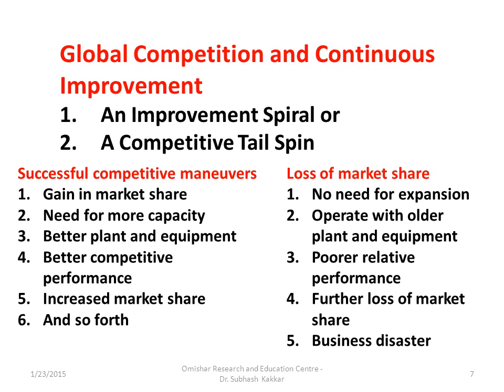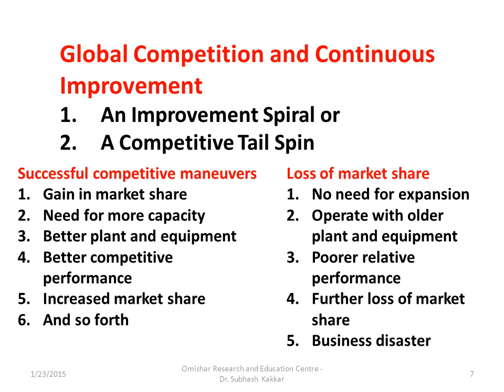And how does it happen? When people think the profit is there and there is no need for expansion, they operate with older plant equipment, and that will give us poorer relative performance, and further loss of market share will be there because of poorer performance, and then we'll enter into business disaster.